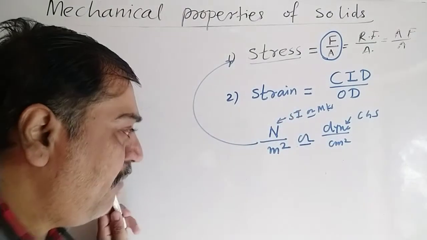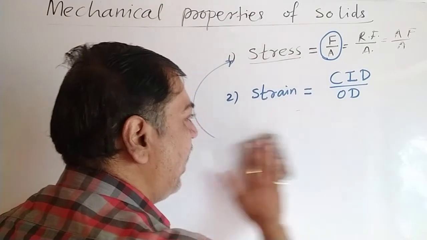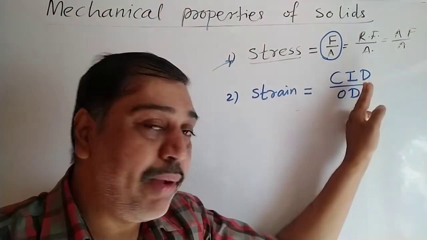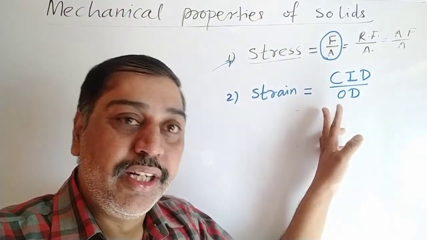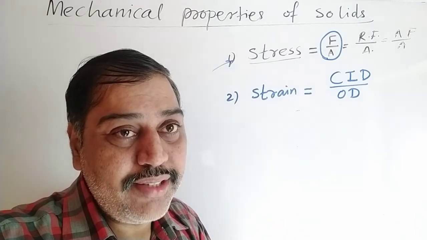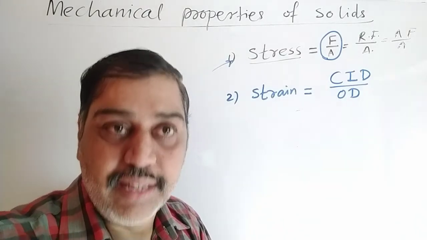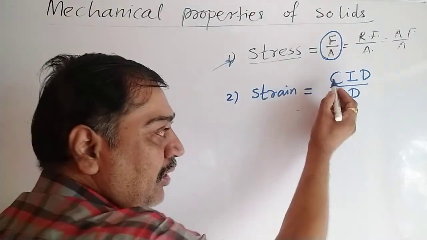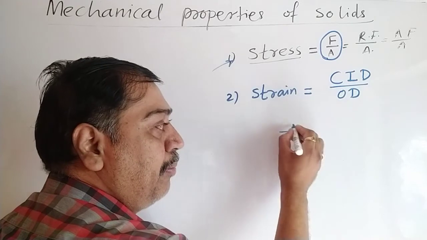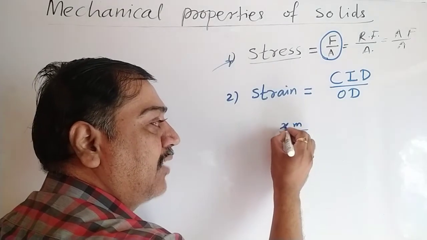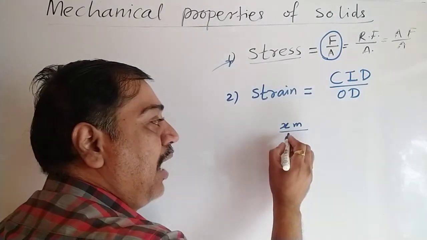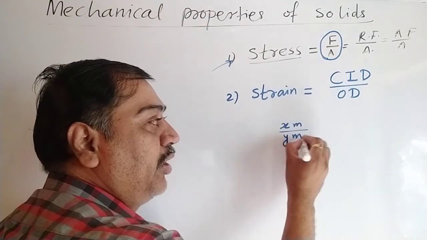What about strain? Do you have any idea what the unit of strain should be? Remember, it is change in dimension divided by original dimension. It is a ratio of two same quantities. If it is a ratio of two same quantities, it is dimensionless and unitless. How? Suppose we are measuring length. Change in length is x meter, and suppose y meter is the original length.